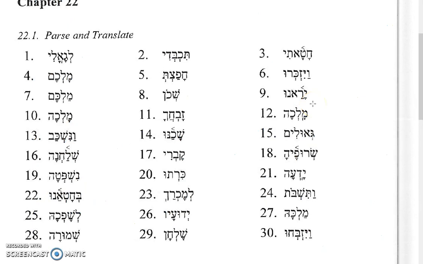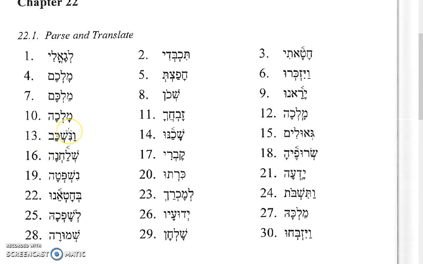Number 9, yare'nu is a qal perfect, first common plural, we are afraid. Number 10 has more than one possibility. If you pronounce it malka, then it would mean she reigned.